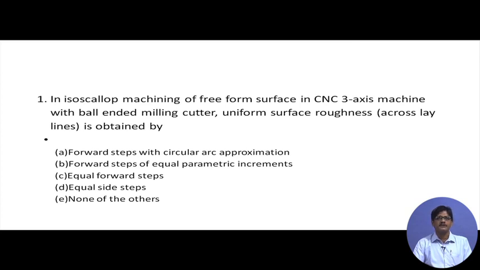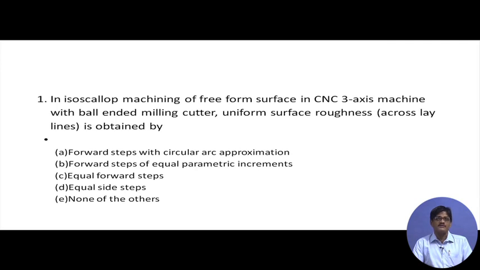In isoscallop machining of free form surface in a CNC 3-axis machine with ball ended milling cutter, uniform surface roughness is obtained by uniform surface roughness across lay lines, that means perpendicular to the lines of cut. So, uniform surface roughness is formed by: forward steps with circular arc approximation, forward steps of equal parametric increments, equal forward steps, equal side steps, none of the others.